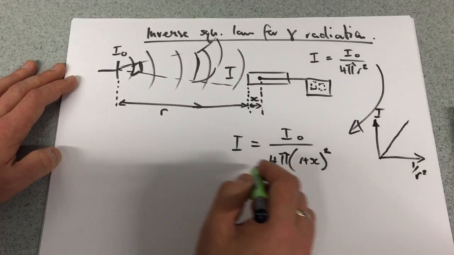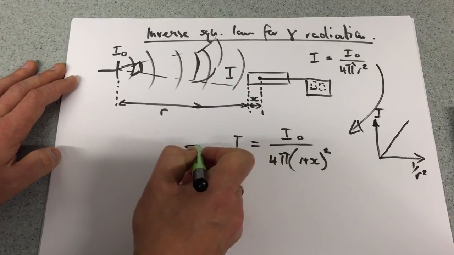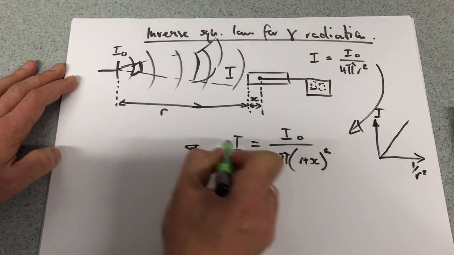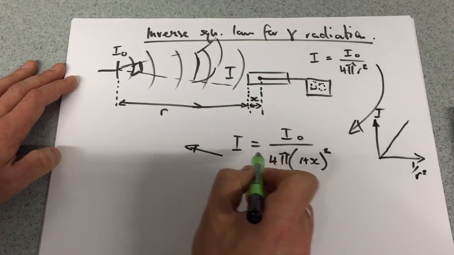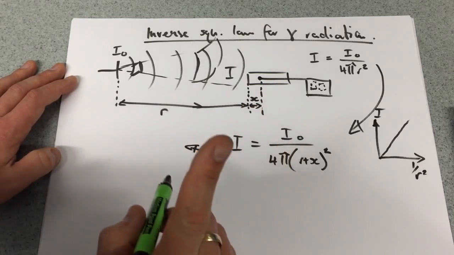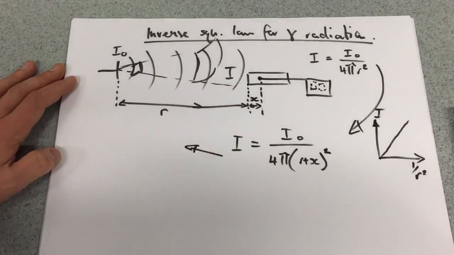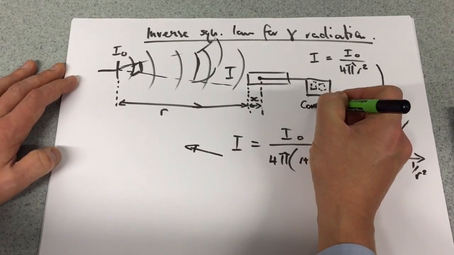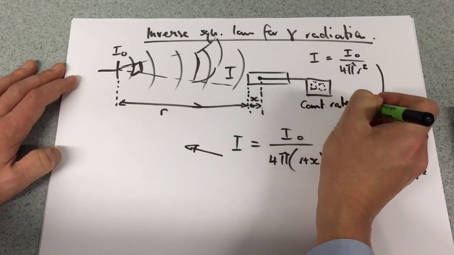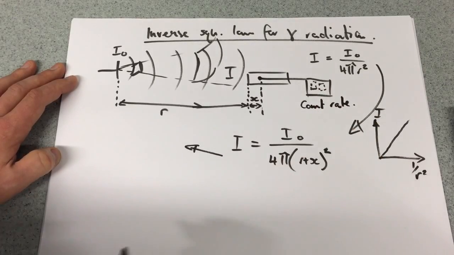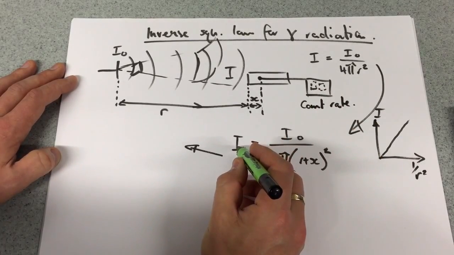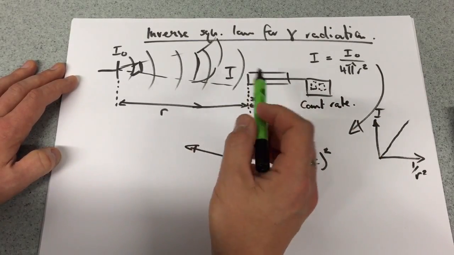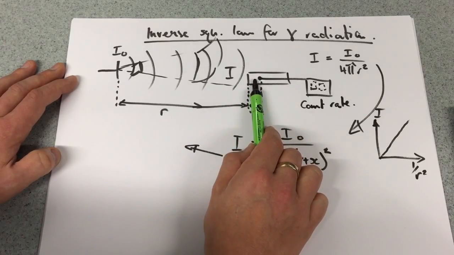So therefore, let's do a little bit of rearranging of this equation. I'm going to move these two around, and it's probably worth saying here, the count rate which the detector records is not actually strictly the intensity. The count rate is the number of ionizations that occur in here.